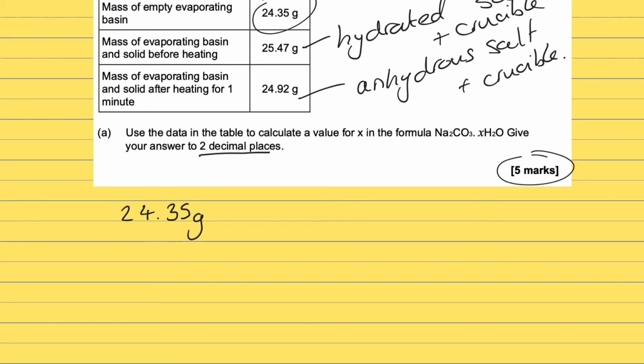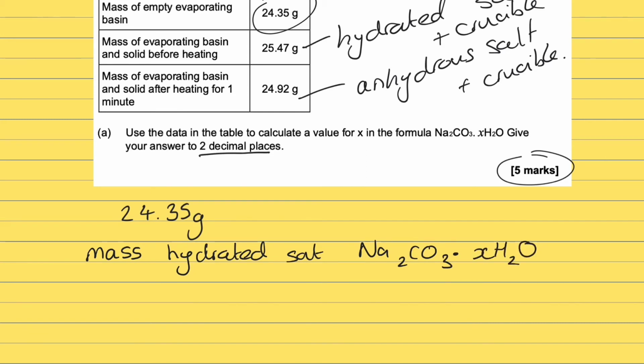So the first thing we can work out is the mass of the hydrated salt, the Na2CO3.xH2O, and that's going to be the mass before you heat, which is 25.47 grams, minus 24.35 grams, which is the mass of the crucible, which gives you an answer of 1.12 grams.